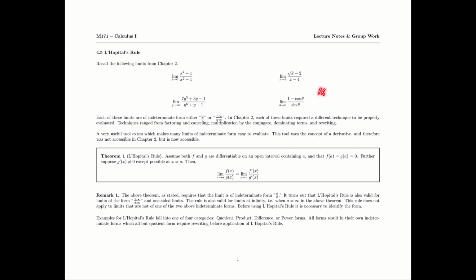And we also know that the limit as theta goes to 0 of sine theta over theta, or its reciprocal, theta over sine theta, goes to 1. So we could easily rewrite this expression as 1 minus cosine theta over theta times theta over sine theta, and then in the limit, this goes to 0, this goes to 1, so the answer is just 0.